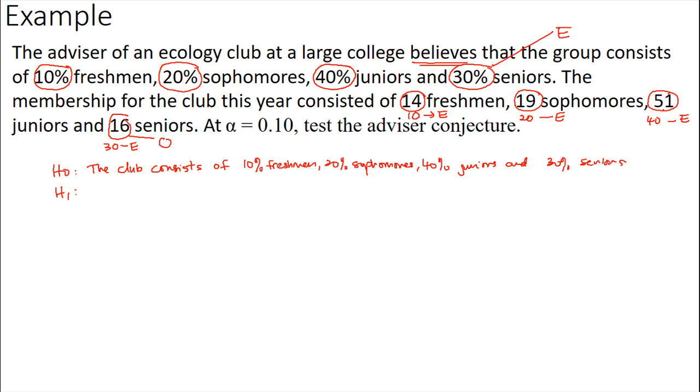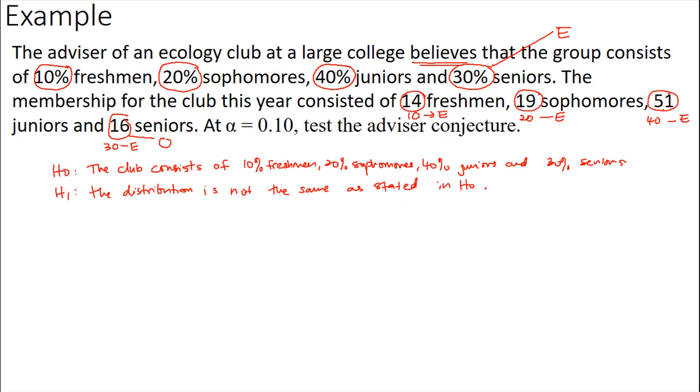And what is the alternative? The distribution is not the same as stated in the null hypothesis, H0. Okay, so this is the hypothesis.